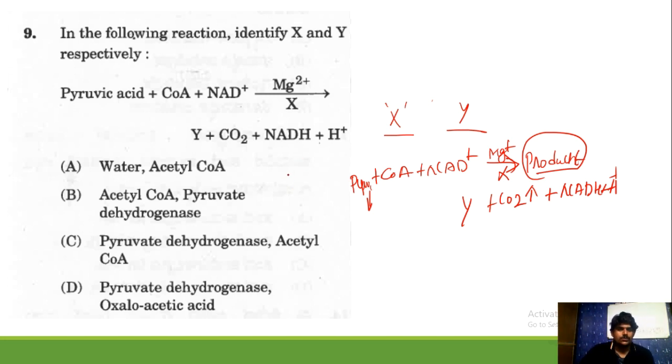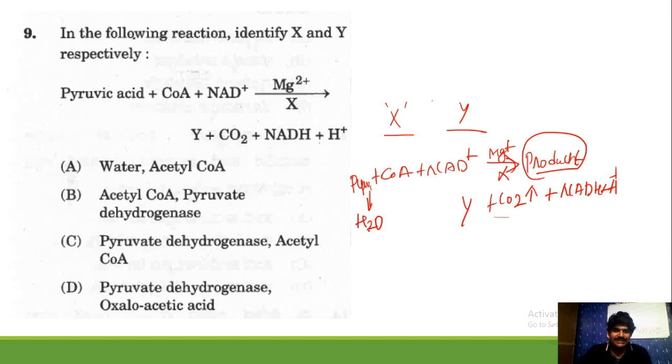Okay, water, acetyl CoA. Water has H2O. So if in the presence of H2O we consider it, I think there is no release of oxygen going to take place. So let's see the next one. Acetyl CoA and pyruvate dehydrogenase.